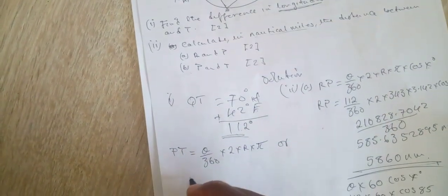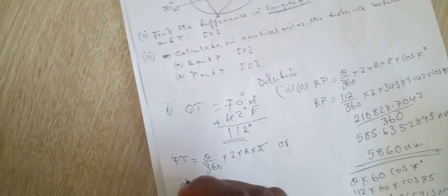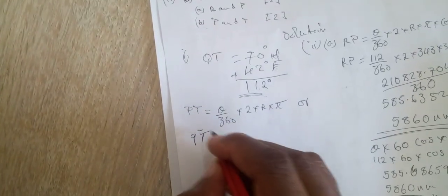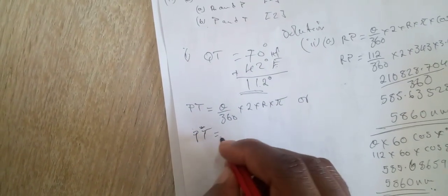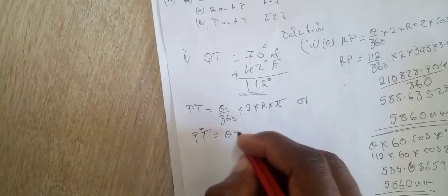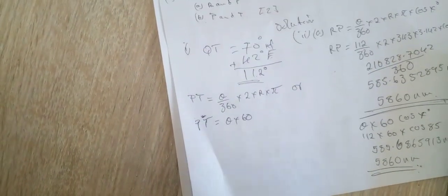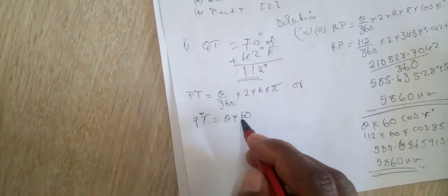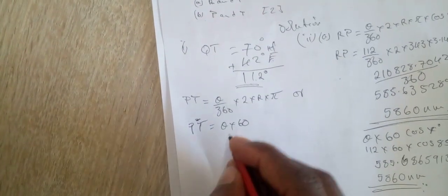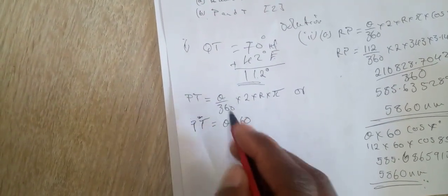In this case, PT is the same as theta times 60, when you are calculating in nautical miles. So the question is in nautical miles, so let's just get to know what my theta is.